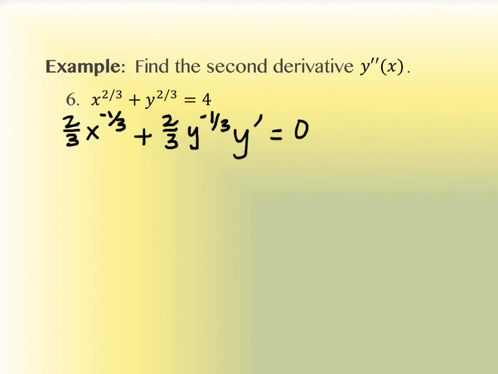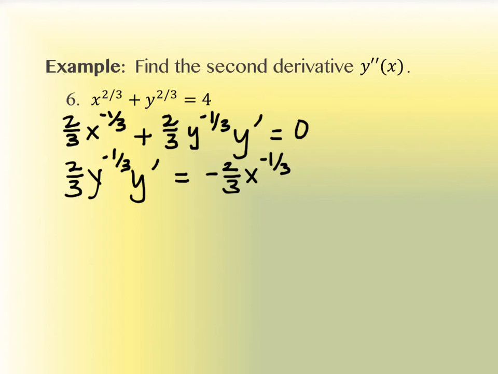So the first thing that we'll do is move that 2/3 to the other side. My 2/3 y to the negative 1/3 and the y prime are going to stay, and I'm moving the 2/3 x to the negative 1/3 to the right. There's one step that's really easy to take care of right away. What is it?